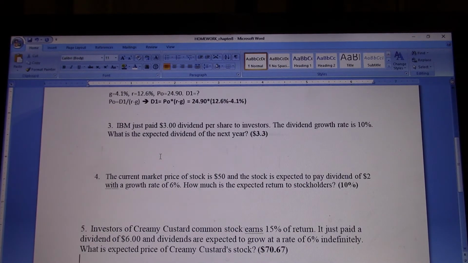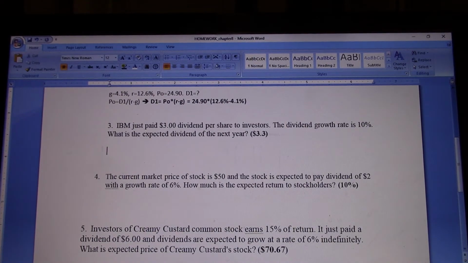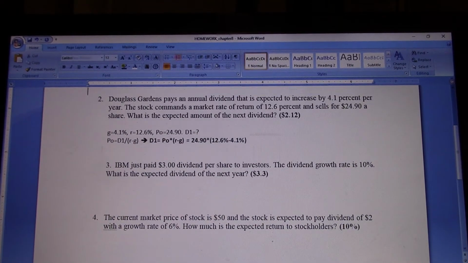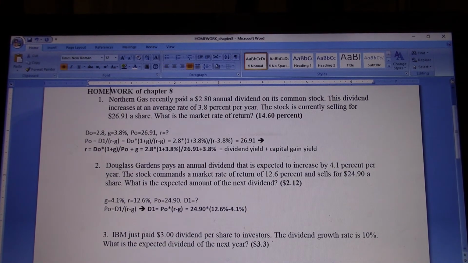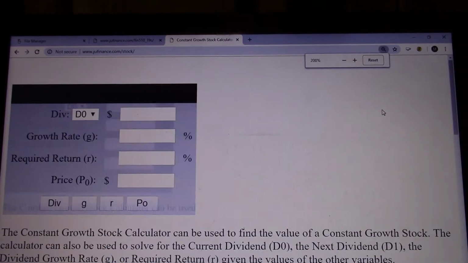The third one: IBM just paid $3 of dividend per share to investors. But first, for the first question, let's try to use the calculator. You see, 2.8 is the annual dividend, but this is D0 here. So D0 is 2.8.